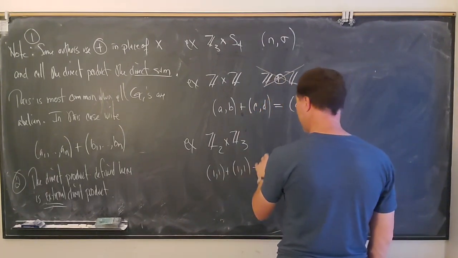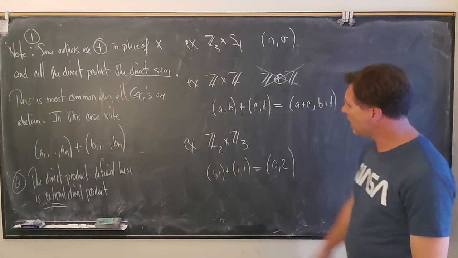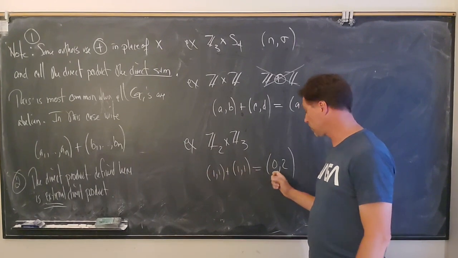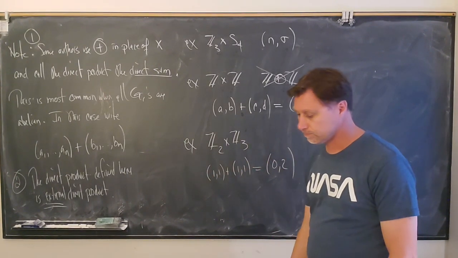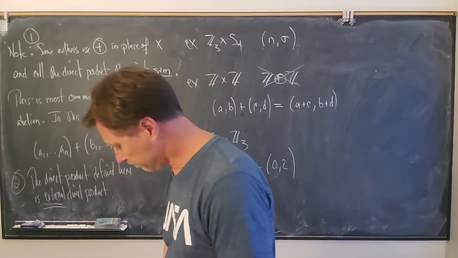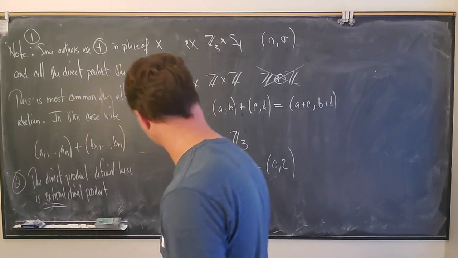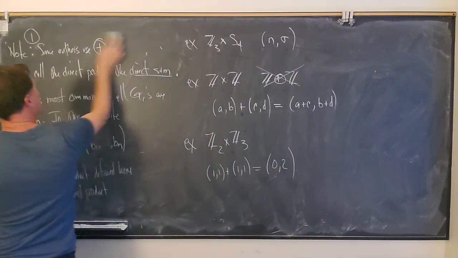Well, what we'll get is 0, comma 2. Why is that? Because when you add the first entries, you get 1 plus 1 mod 2, which is 0, and then you get 1 plus 1 mod 3, which is 2. All right, so there's some examples. Actually, I want to take a closer look at this group, Z2 cross Z3.